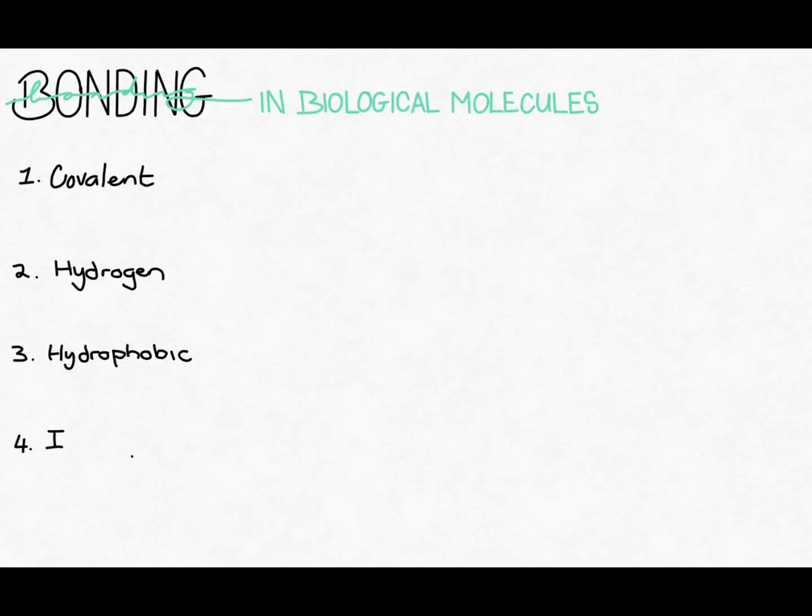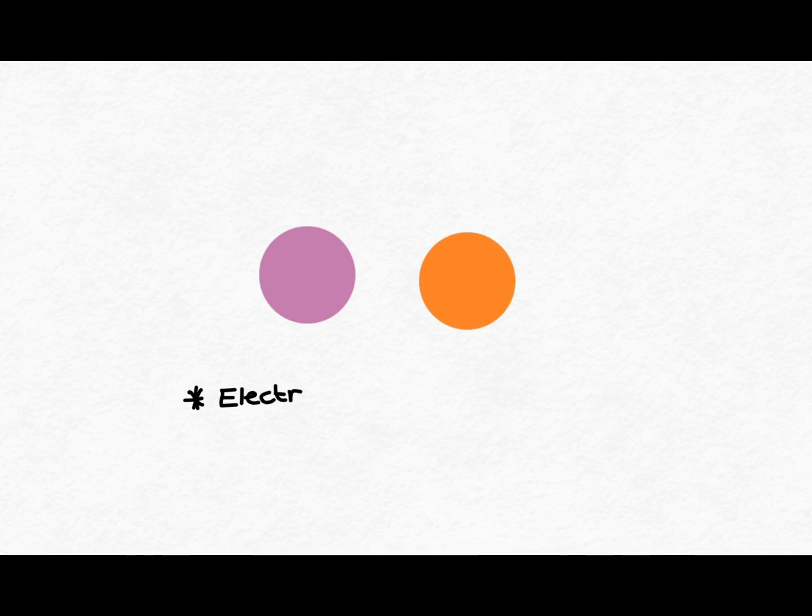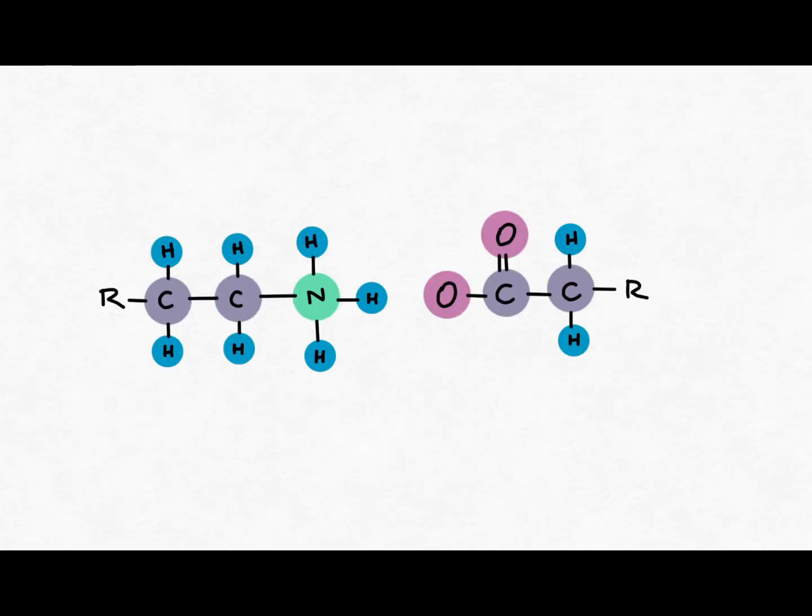Lastly, we have ionic bonding, which occurs usually between metals and nonmetals. This is another example of an electrostatic attraction between a positively charged molecule and a negatively charged molecule. In this example, we can see that an extra hydrogen is attached to nitrogen.